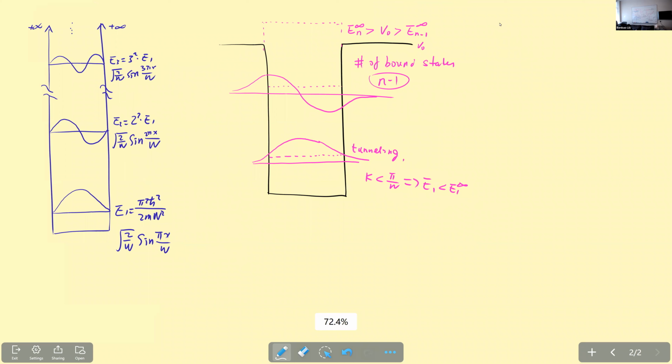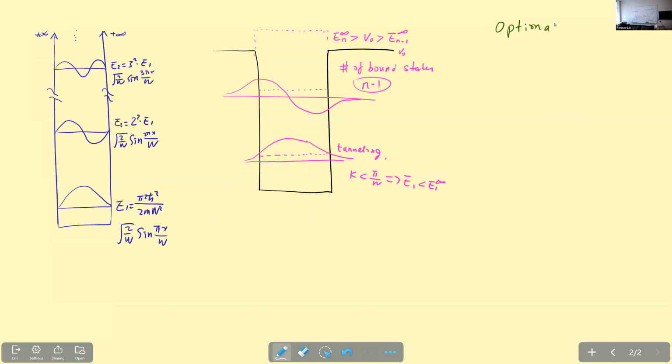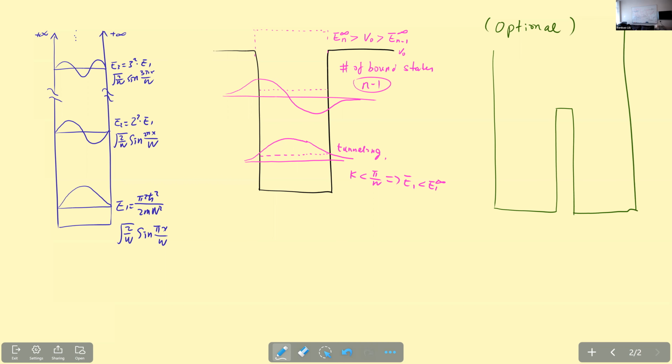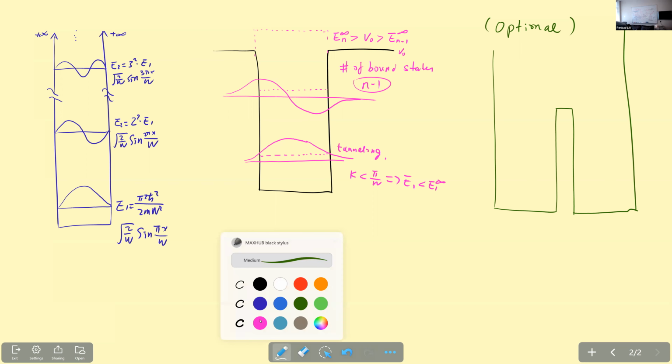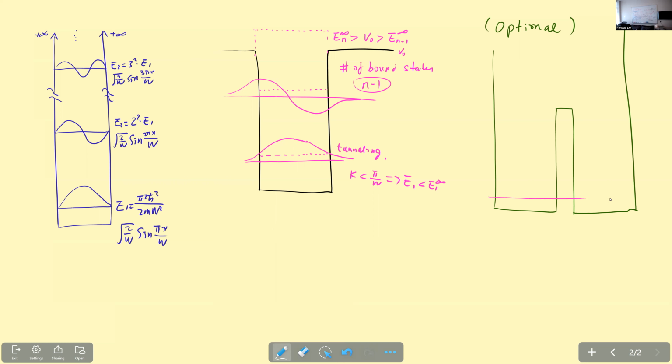Okay, so if we have, for example, a double quantum well, then we know that there will be a bonded state and an anti-bonded state. The bonded state is symmetric.